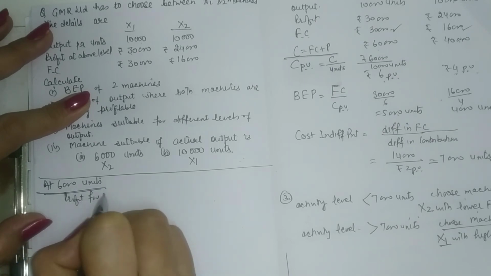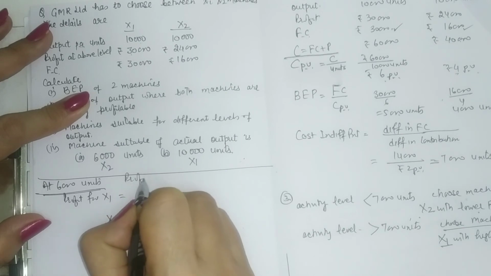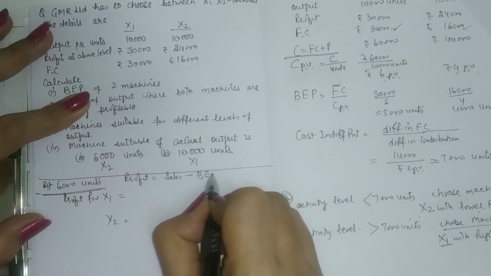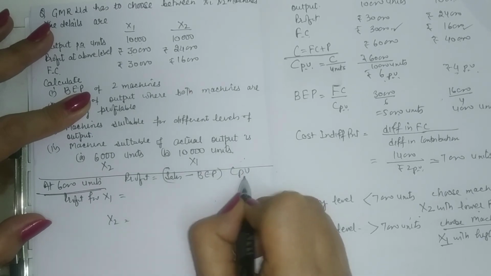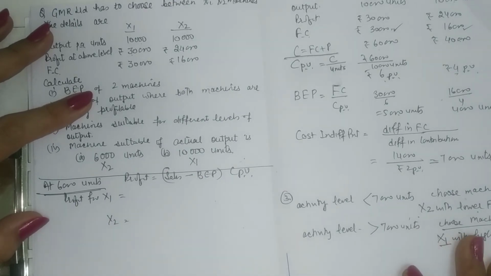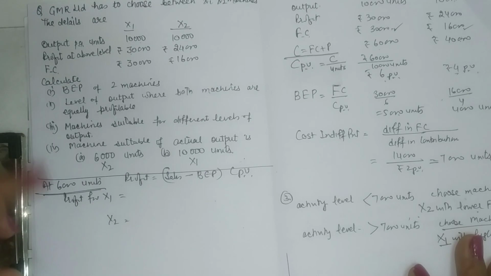Profit for machine 1 and profit for machine 2 will be, profit formula is sales minus break-even point into contribution per unit. This is in terms of units. Had we been having sales in rupee terms, our formula would be sales minus break-even sales into PV ratio. This is a simple formula.